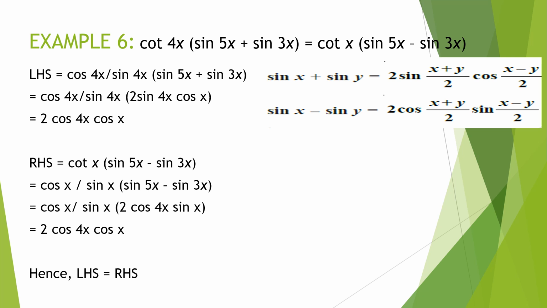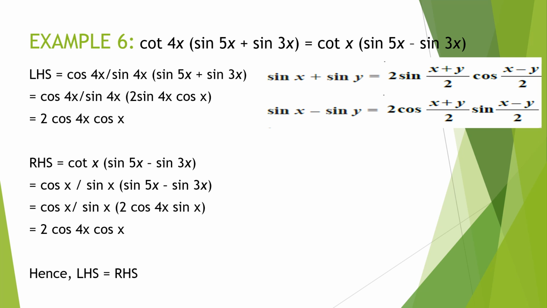So sin 5x minus sin 3x is 2 cos of (5x plus 3x) by 2, that means the angle is 4x, and sin of (5x minus 3x) by 2, that means the angle will become x. Again this simplifies to 2 cos 4x into cos x. Since left hand side and right hand side are simplified into the same thing, we can say left hand side is equal to right hand side.